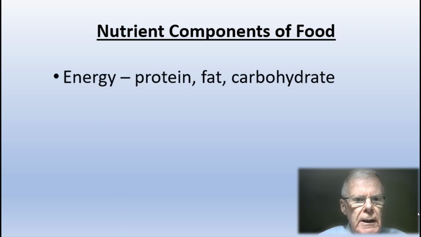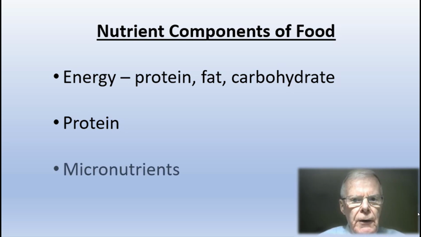There are three main types of nutrients in food, and the one that is present in greatest amounts are the components which supply chemical energy in the form of food protein, fat, or carbohydrate. The second component is protein in its own right, which supplies amino acids for the animal's own protein synthesis.